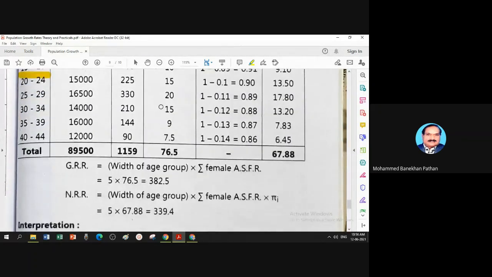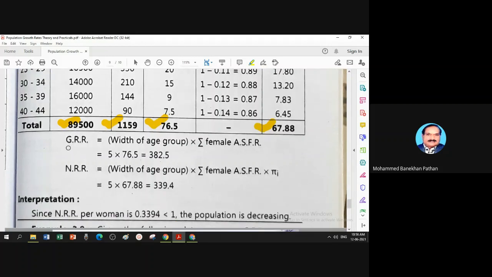Make the total. This represents female population. This represents female birth. This represents female ASFR. And this represents ASFR multiplied by survival factor.